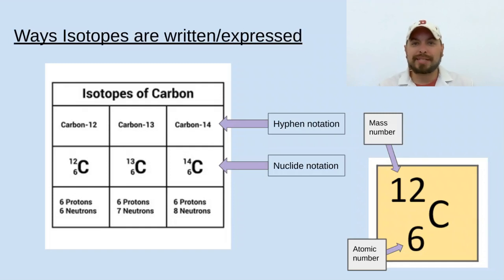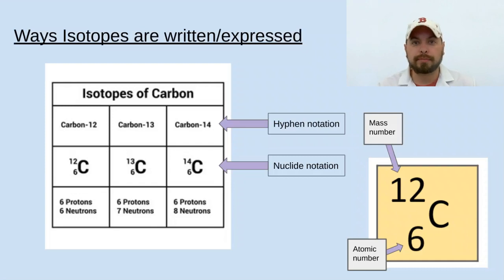Now, if they all have the same number of protons, then we can calculate very quickly how many neutrons they have. Carbon 12, with 6 protons, must also have 6 neutrons to give it a total mass of 12. That 12 is going to go in the top left corner, and that's going to tell us the mass of that carbon atom. That specific carbon atom has a mass number of 12, 6 protons, 6 neutrons.